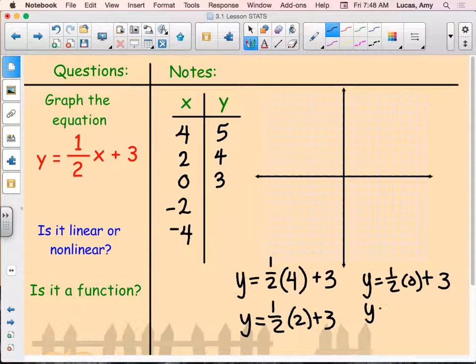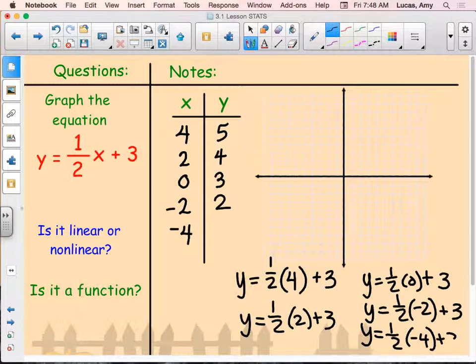Then -2. So half of -2 is -1, plus 3 is 2. And half of -4 is -2, plus 3 is 1.